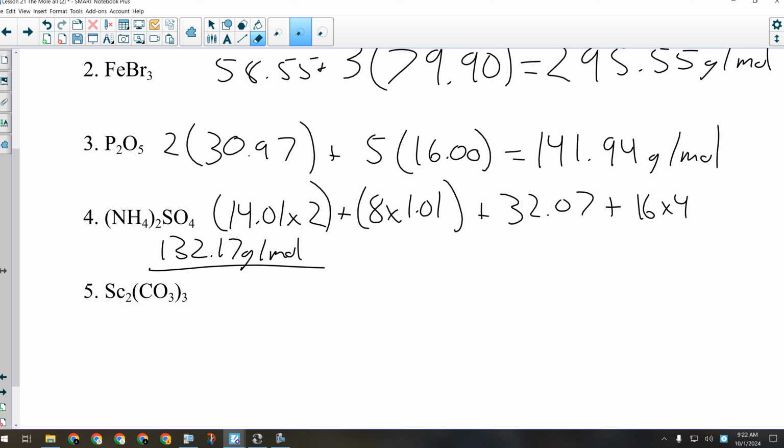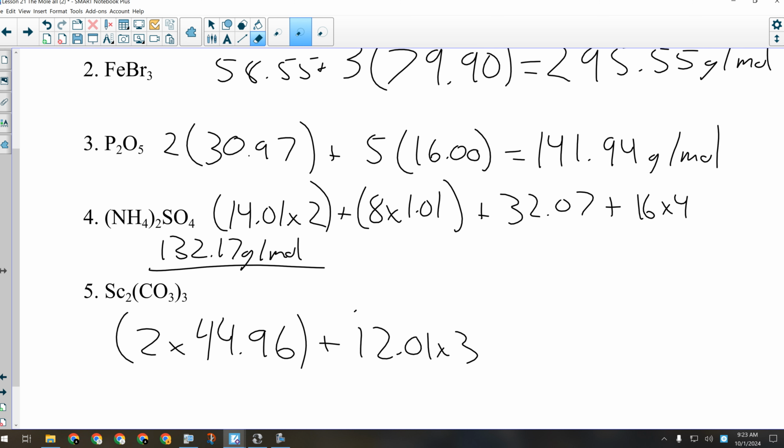Okay, number 5, I don't remember what scandium is. 44.96. Okay, how many scandium are there? 2. 44.96, right? Okay, so there's my scandiums. Plus, how many carbons? 3. Okay, so 12.01 times 3 plus how many oxygen? 9.